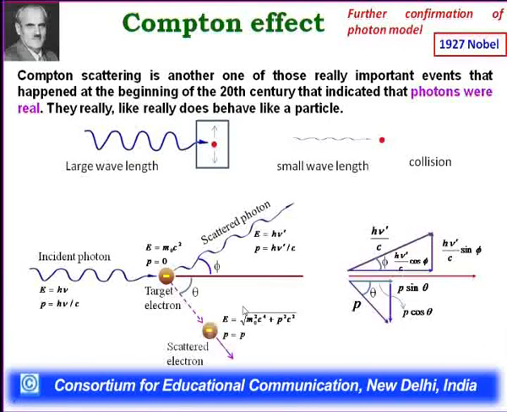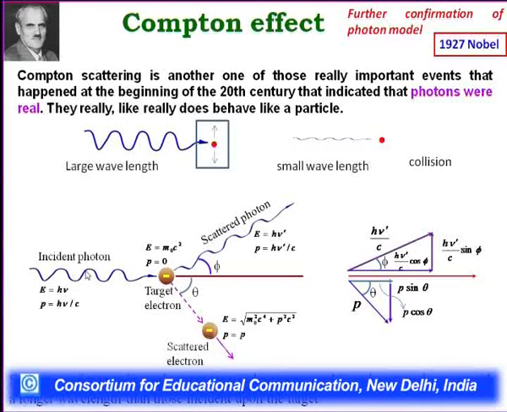Now the incident photon falls upon a target electron, the scattered photon is ejected, and this is the scattered electron, with different frequencies.